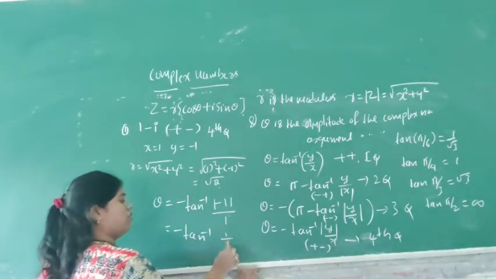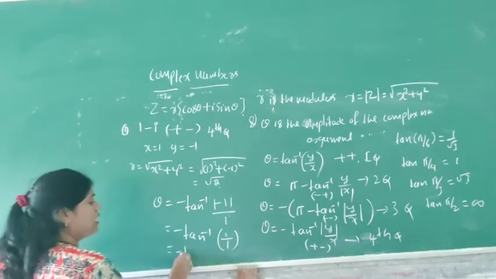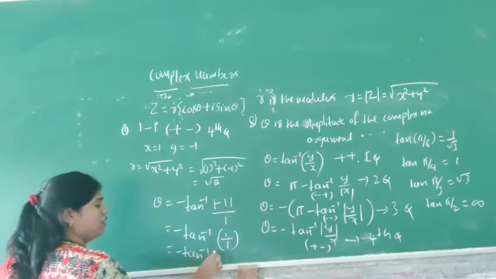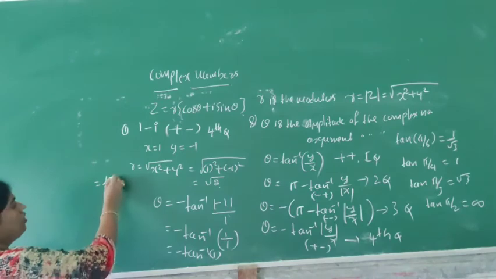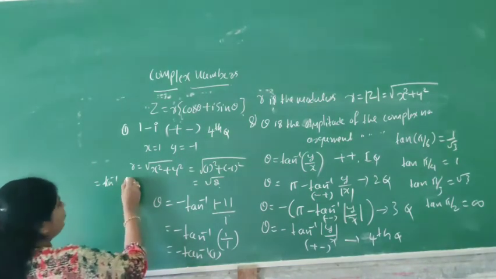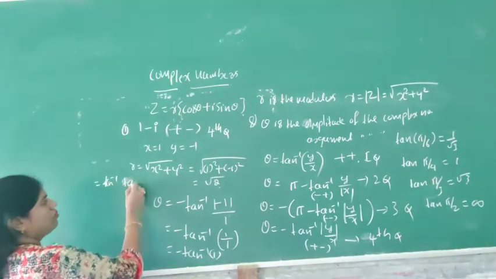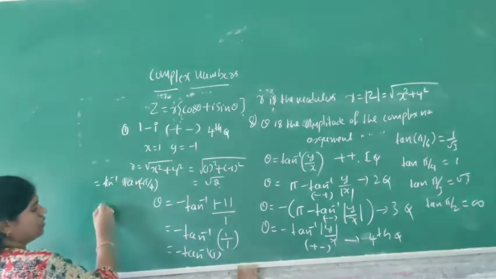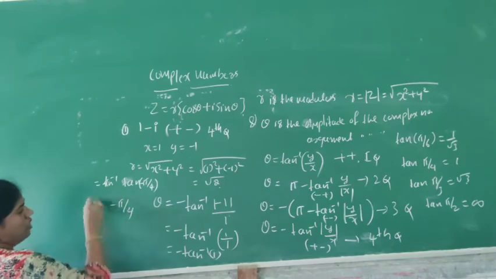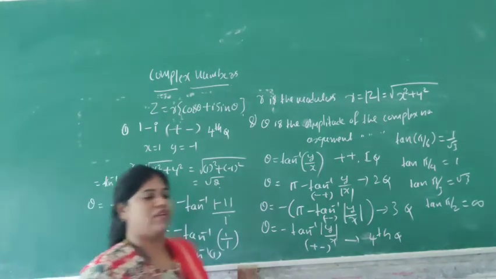So 1 divided by 1, which is equal to minus tan inverse of 1. 1 can be written as tan pi by 4. So minus is there, no? So minus pi by 4. So theta is equal to minus pi by 4.